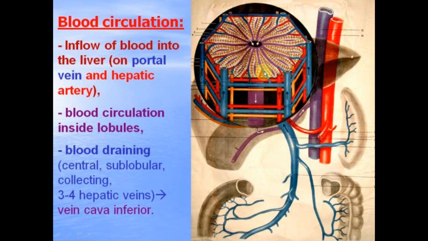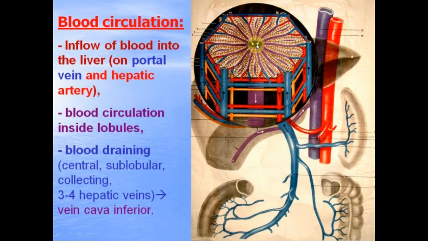They fuse together and compose the sinusoid blood capillaries inside the lobule, which bring mixed blood flowing from the periphery to the center of the lobule. This is the blood circulation inside lobules.